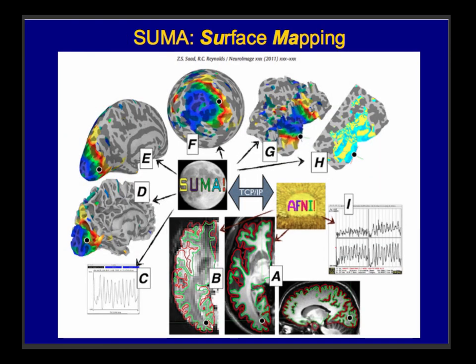With surfaces, we can see the whole surface and nothing but the surface all at once. This is useful because we can represent all the information from the gray matter cortical sheet. We can also play around with the surface to view it in different ways.